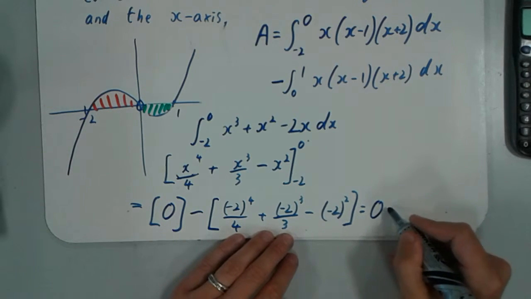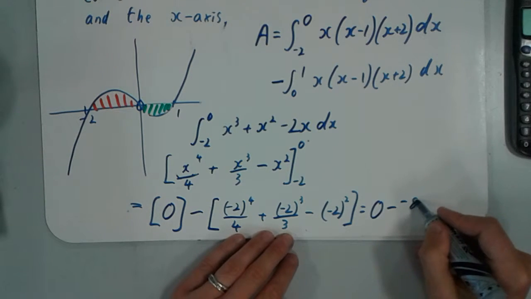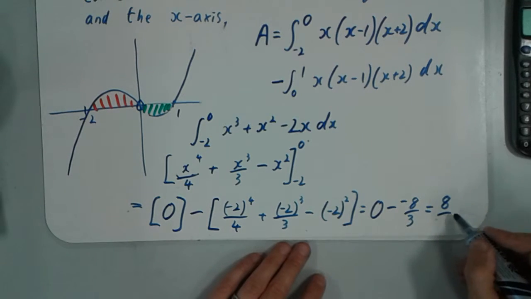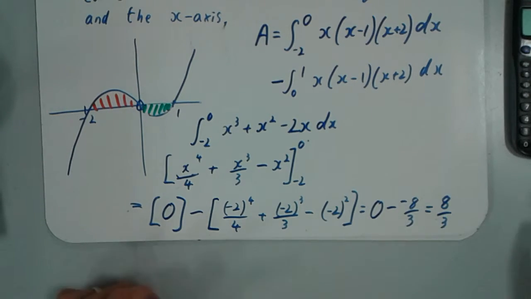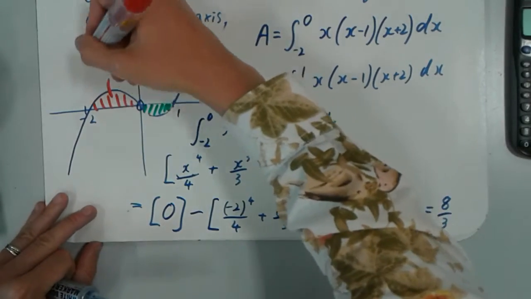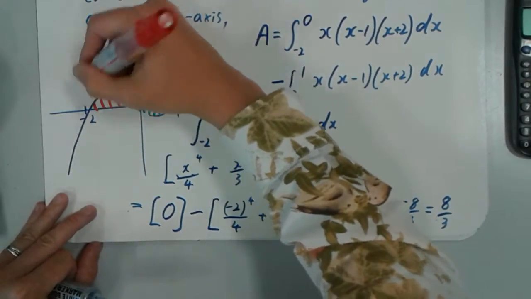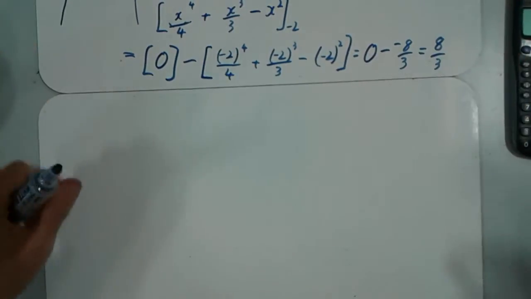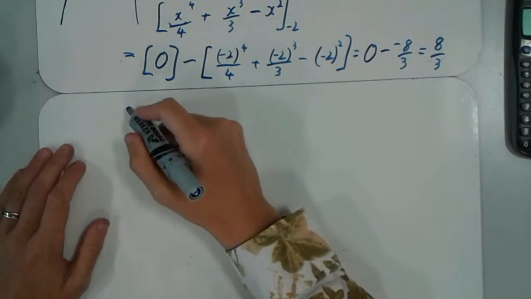So I've got 0 minus 8 over 3, which gives me an area here of 8/3. So I know that this red area here is 8/3. Okay, now let's do that second integral.